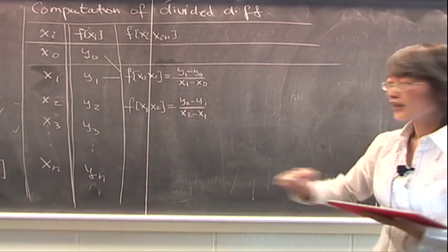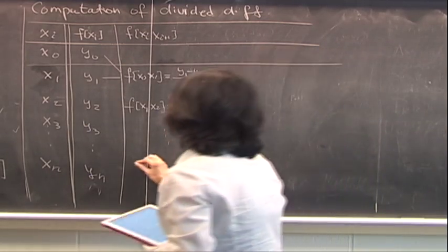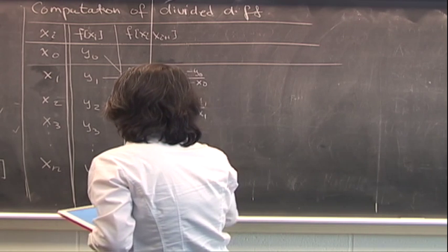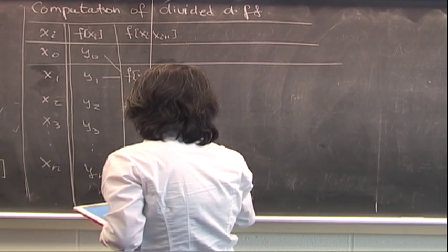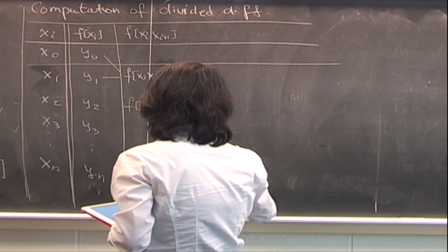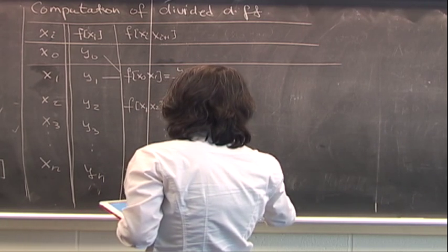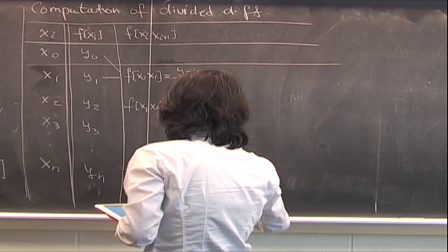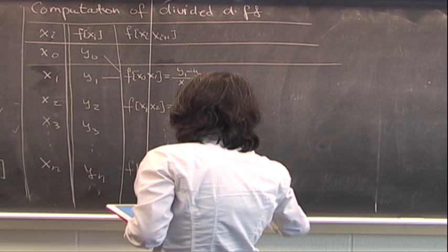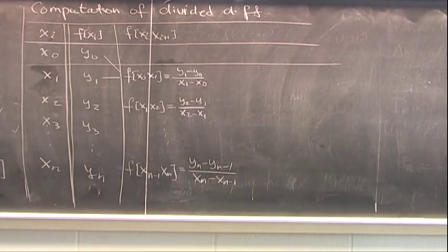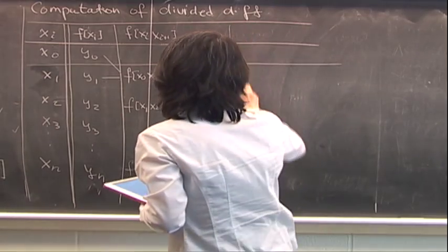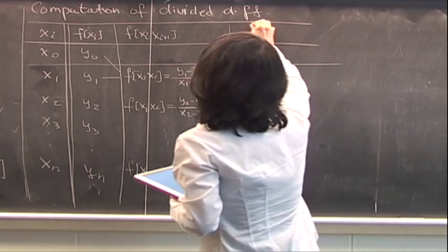Is that right? I can keep doing it until the last one. So f[xn minus 1, xn], what will it be? yn minus yn minus 1, and then over xn minus xn minus 1. Is that okay? So you generated the second column, and then you can keep going on.